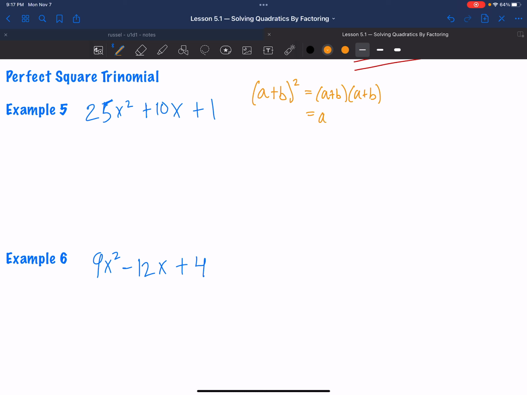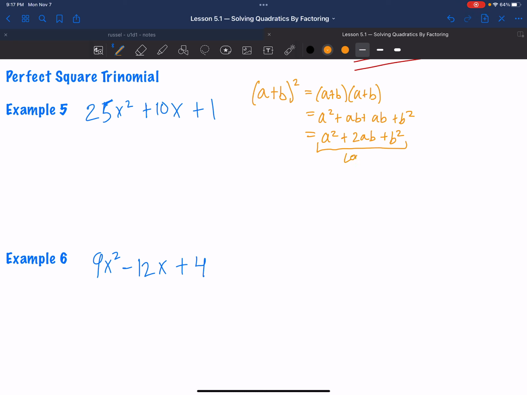And that is a squared plus ab plus ab again plus b squared, which means this equals a squared plus 2ab plus b squared.